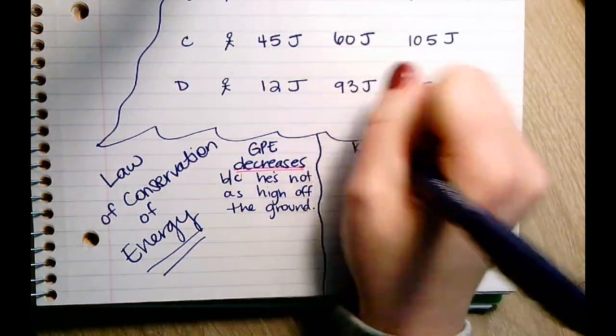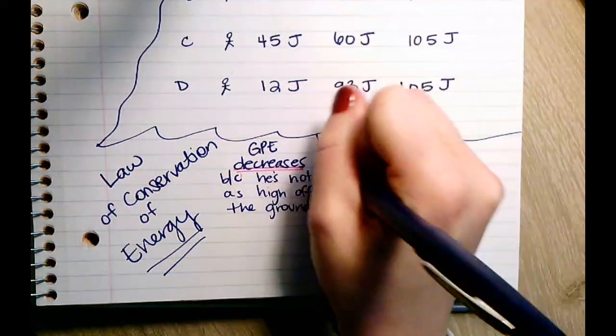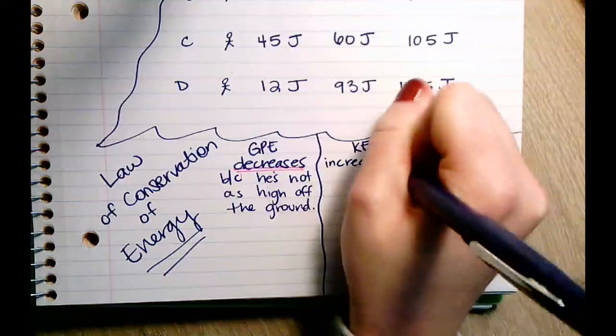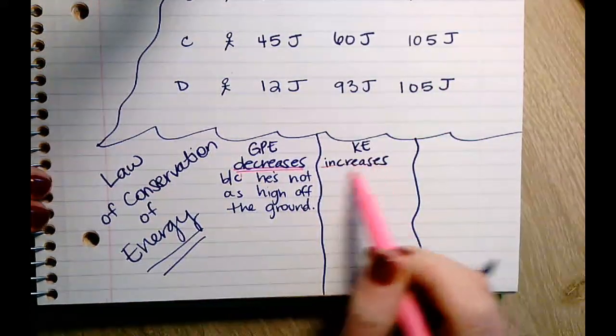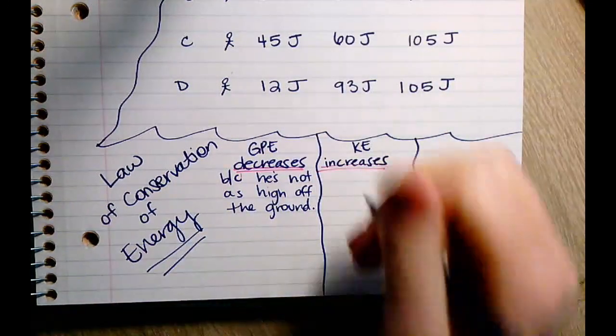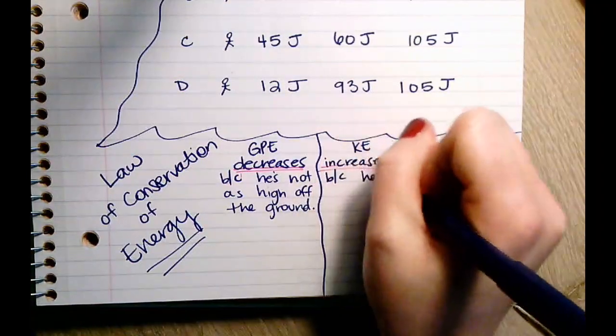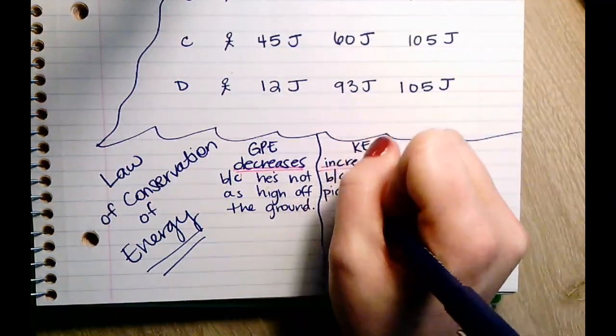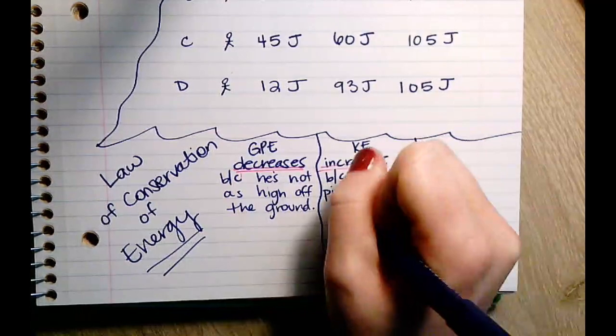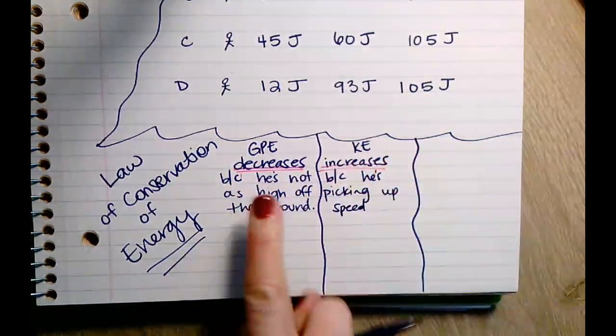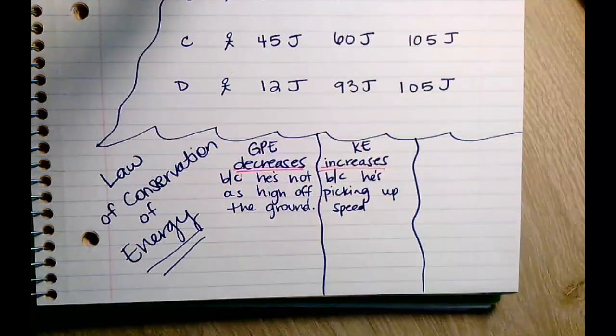Now his kinetic energy, on the other hand, is increasing because he's picking up speed. So the energy is going from GPE and converting into kinetic.